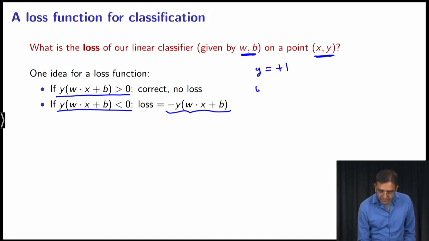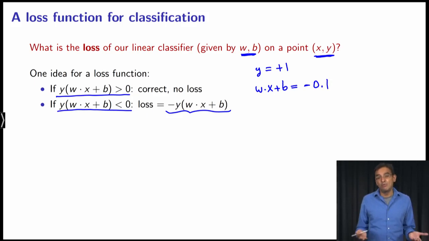And when we compute w dot x plus b, it turns out to be negative 0.1. So we're wrong, because we predict minus. But we're only wrong by a little bit, only by 0.1. So we shouldn't feel too bad about it. In that case, we'll think of our loss as being just 0.1.